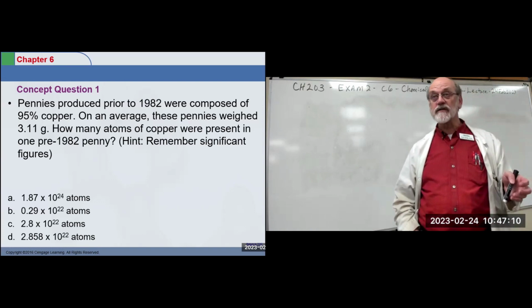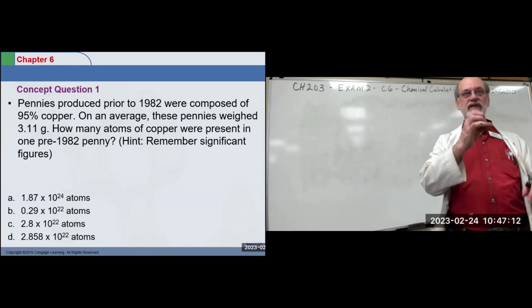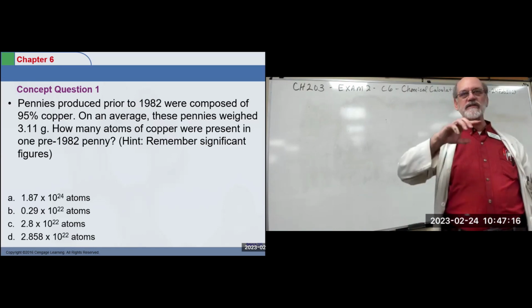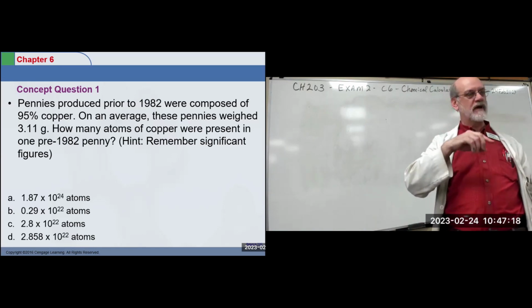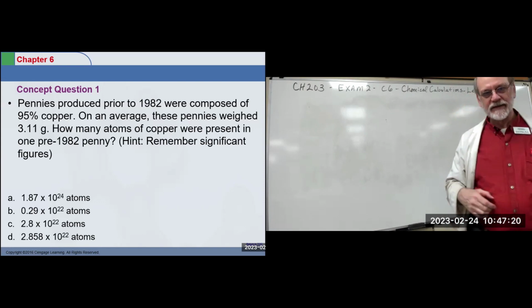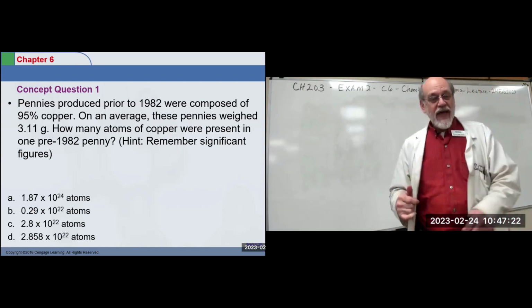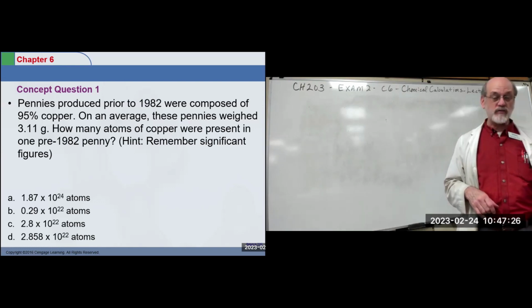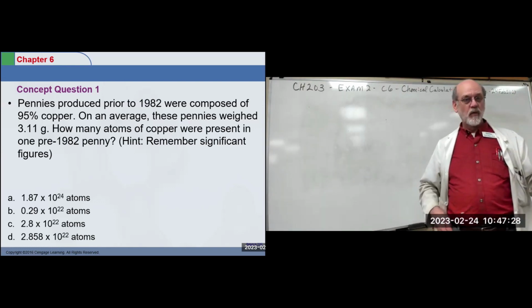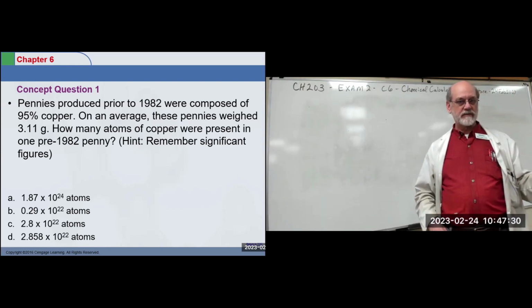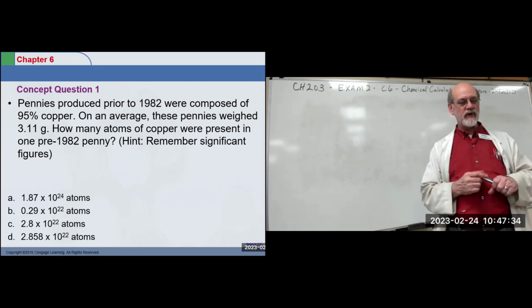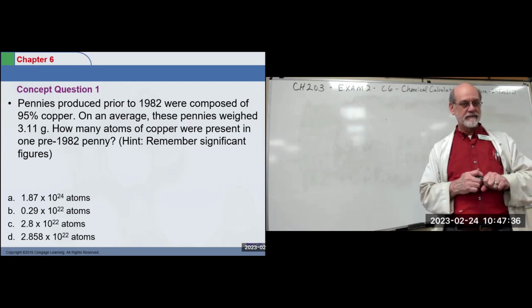And the way they did it was the blanks were made out of zinc, which is a lot cheaper than copper, and they just covered the zinc blanks with an outside layer of copper. So on average, these actual copper pennies weighed 3.11 grams. How many atoms of copper were present in one pre-1982 penny?